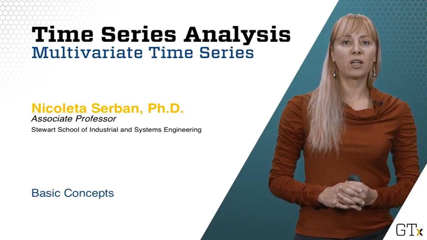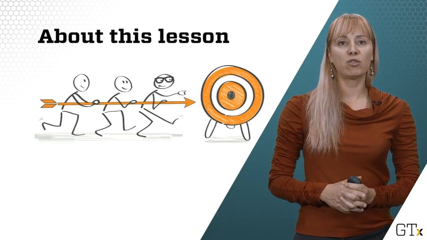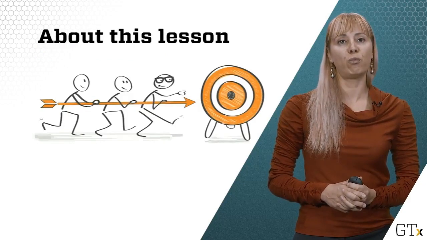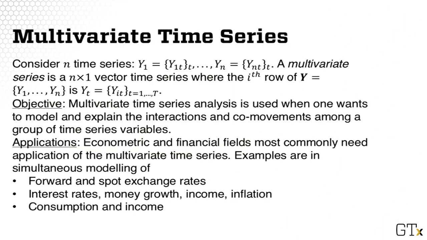This lecture is multivariate time series, and in this lesson, I'll briefly introduce the concept of multivariate time series. To review, a multivariate time series is a collection of n time series possibly related or correlated in time. Throughout this lecture, we'll use multiple notation to refer to a multivariate time series.